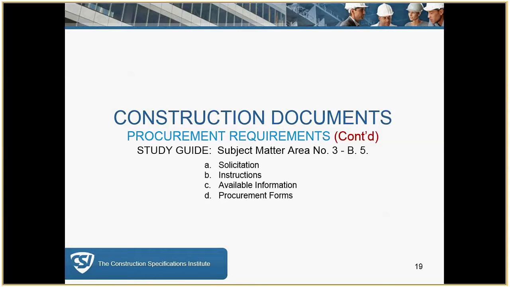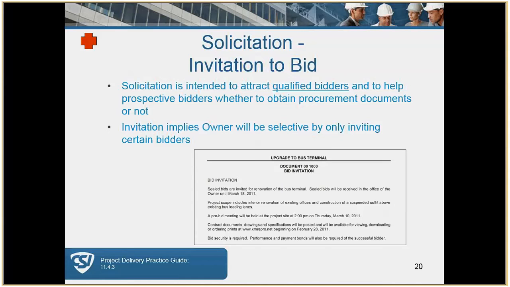In the construction documents, I'm going to go over the procurement requirements: solicitations, instructions, available information, and the procurement forms. The solicitation or invitation to bid is basically meant to attract qualified bidders and to allow subcontractors, bidders, and material suppliers to determine if they have a reason to submit a bid.